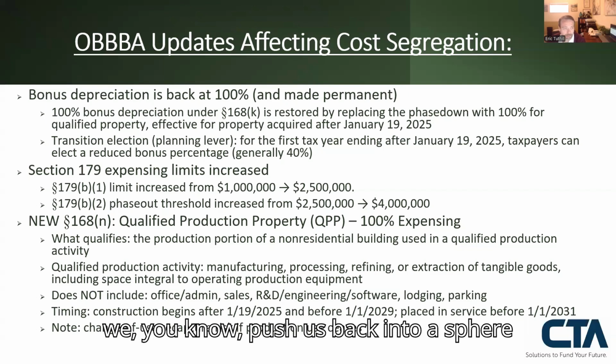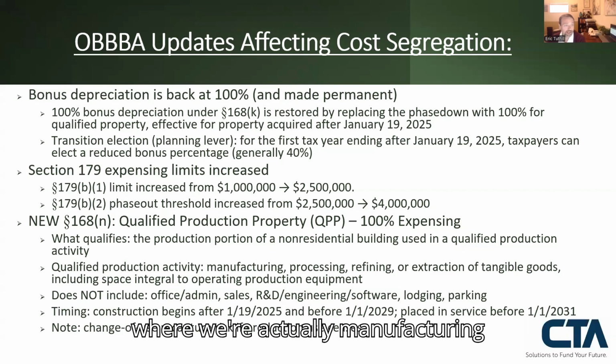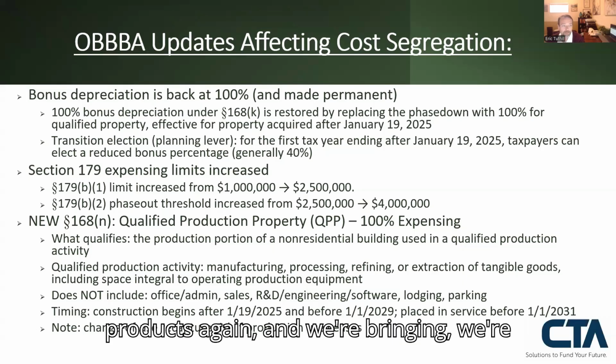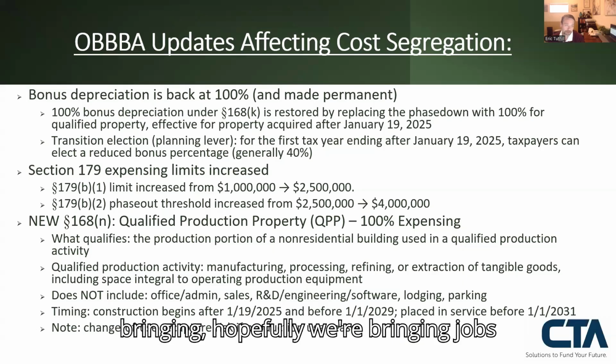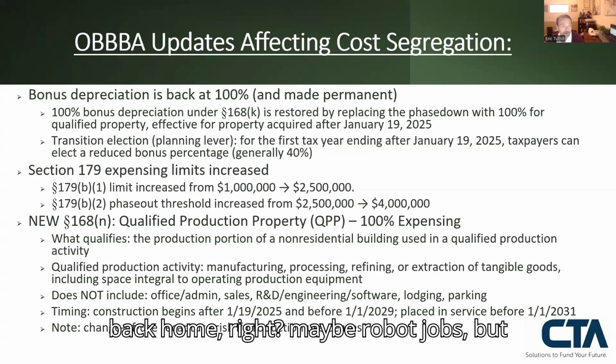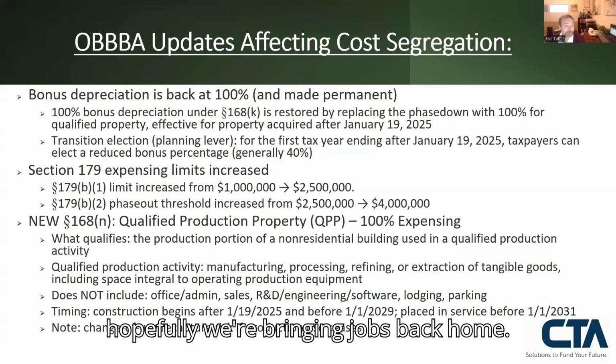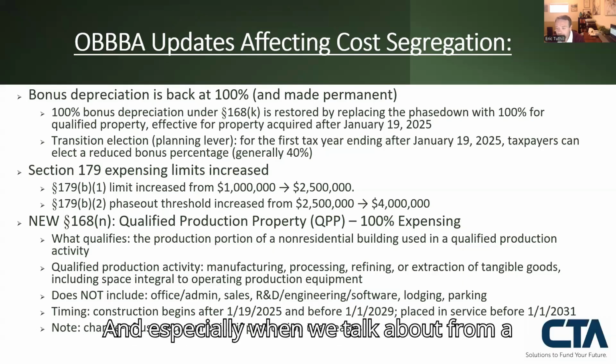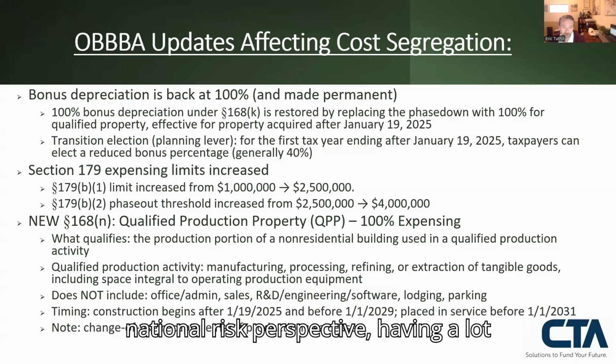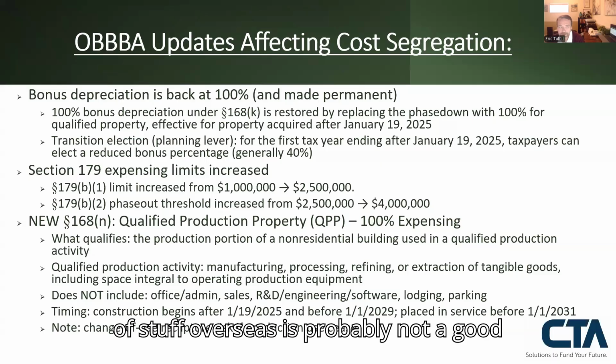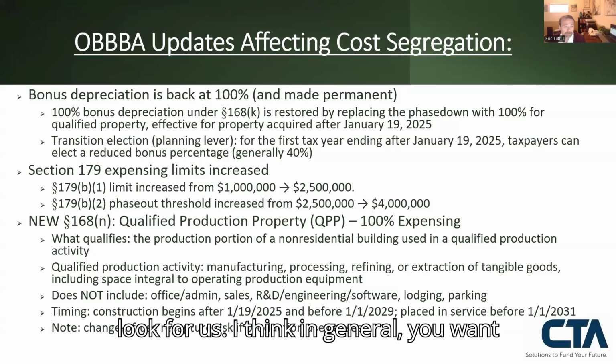Like push us back into a sphere where we're actually manufacturing products again, and hopefully we're bringing jobs back home, right? Maybe robot jobs, but hopefully we're bringing jobs back home. Especially from a national risk perspective, having a lot of stuff overseas is probably not a good look for us.